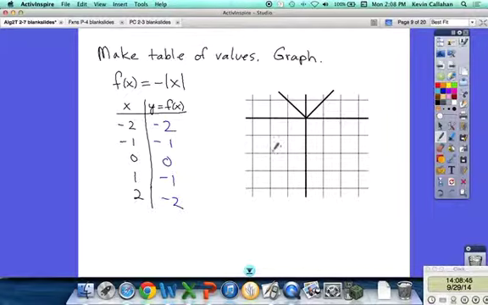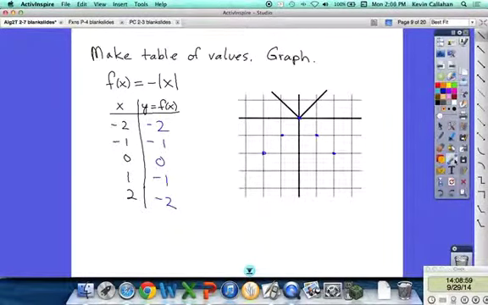which I graph, which I plot. Right? Okay, do we see the V? We do, right? But it looks like now that our V is going down.